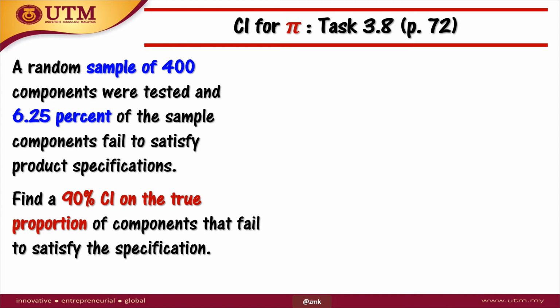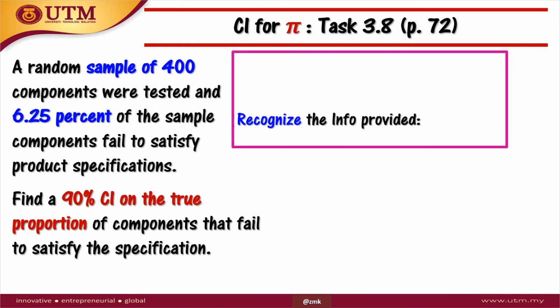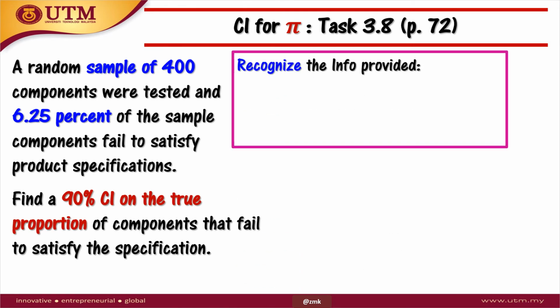So how are we going to solve the question? Again, we can repeat the 4 steps in answering the question. First, recognize the information provided in the question. What do we know from the question?